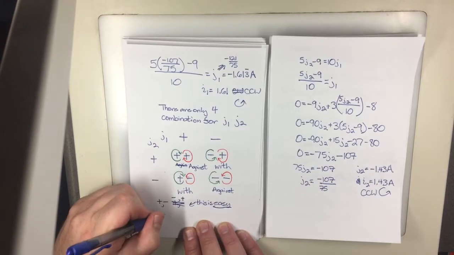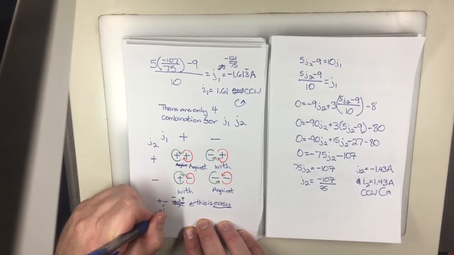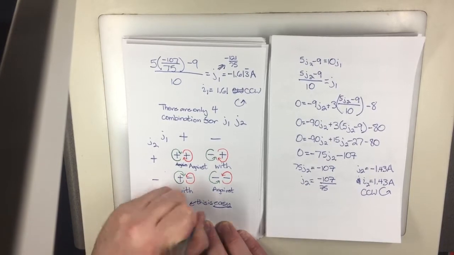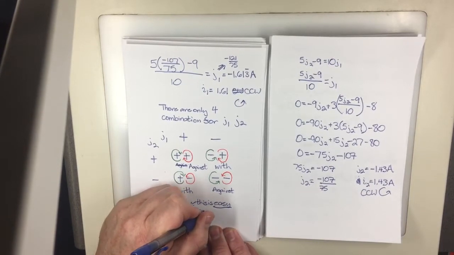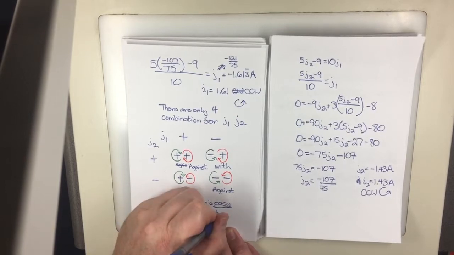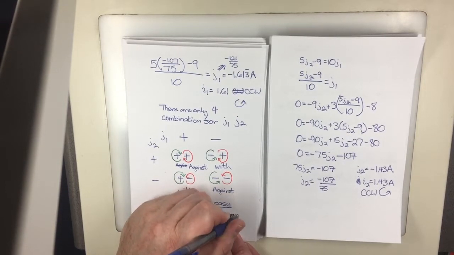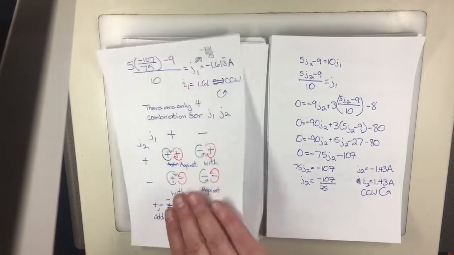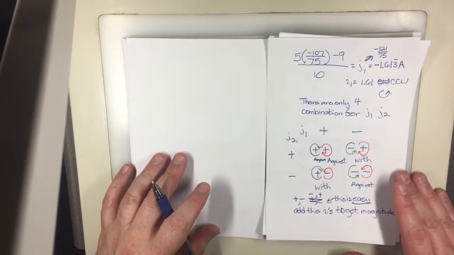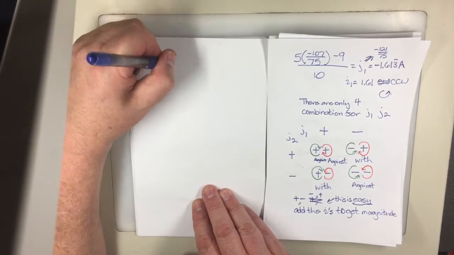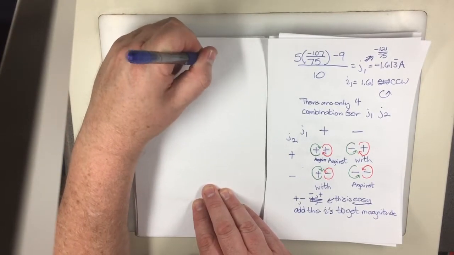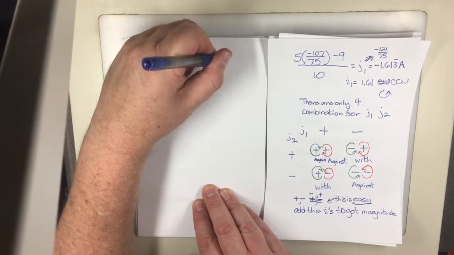it's easy. Add the I's to get the magnitude. So in the case of, let's say, J1 is equal to -2 and J2 is equal to +3.